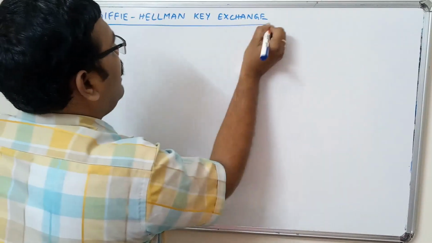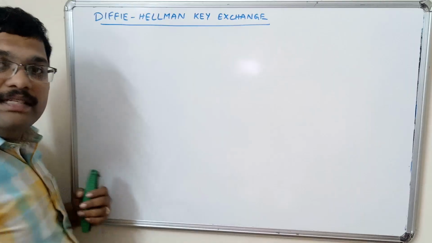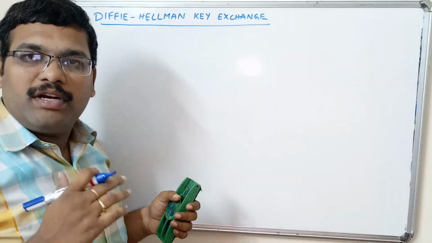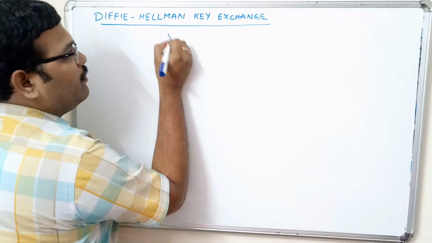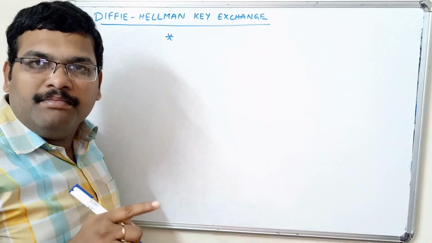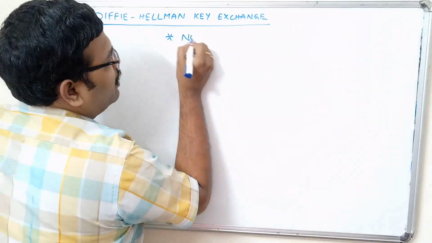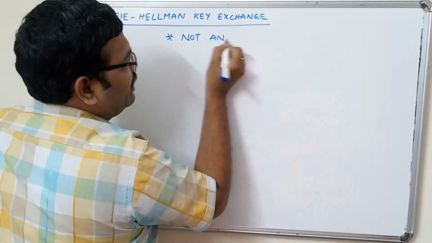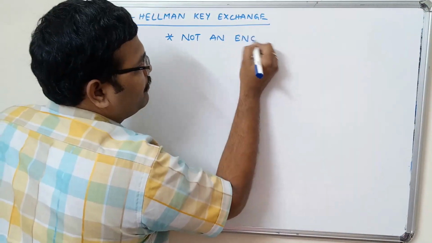So Diffie-Hellman key exchange. This is also a very important algorithm. The first point we need to remember is that this is not an encryption algorithm.